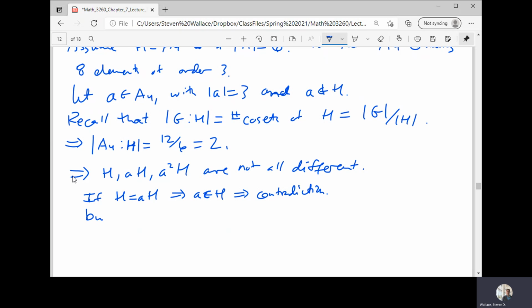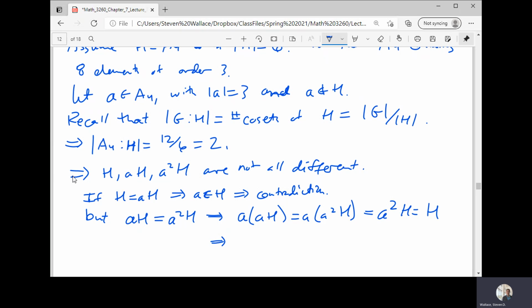But at the same time, AH can't be equal to A squared H, since if I multiply everything by A on the left, this would show that A squared H must be equal to H. But we just said that A squared H was equal to AH.